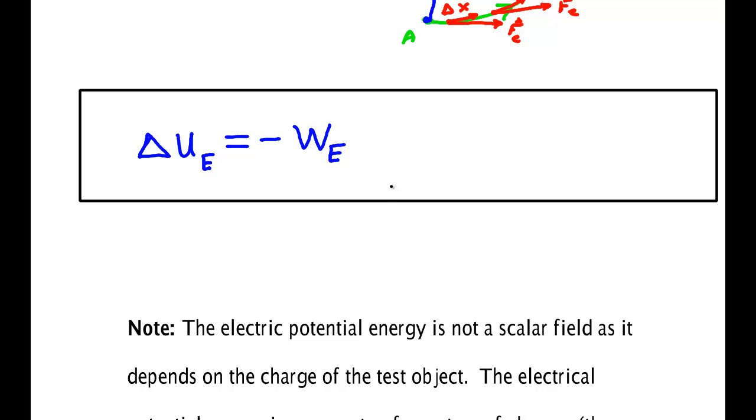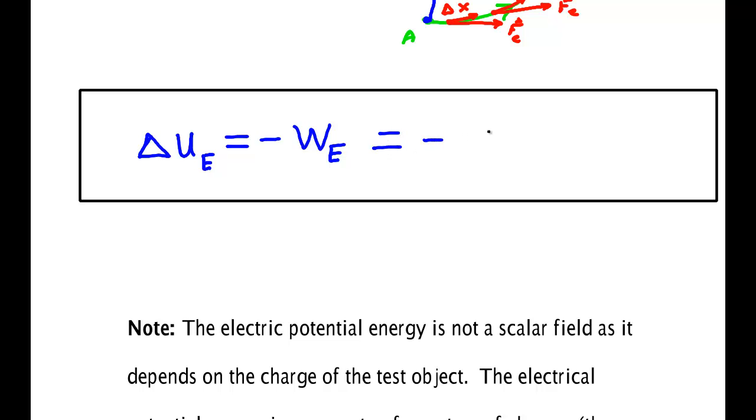So we could take the stuff we did in the previous video for work, and we could calculate the change in potential by just putting a minus sign. But that's kind of doing it backwards. What we want to do is develop a way to measure the change in potential energy, which we'll do eventually by developing a new concept called electrical potential. Take the negative of that and use that to calculate the work.